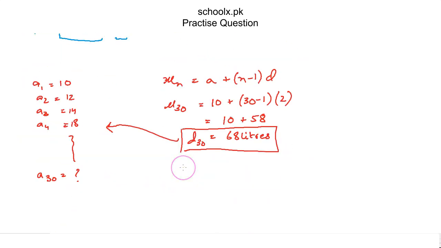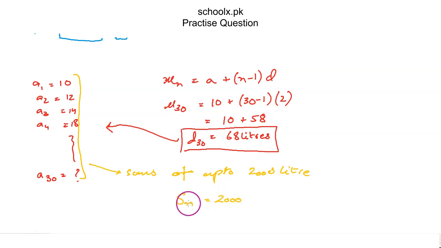We need to find the day on which all these water losses of each day sum up to 2000 liters. So basically we need to find the sum of this arithmetic sequence, which is equal to 2000 liters.